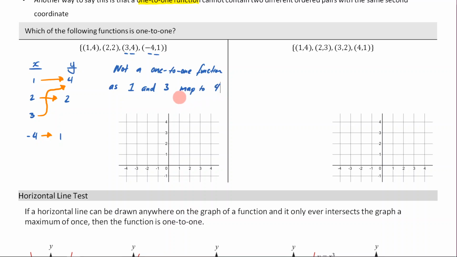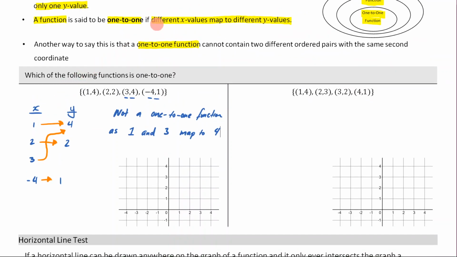So it's the fact that I have two different x values mapping to the same y value. And if we come up and we look at our definition here, by definition, a function is said to be one-to-one if different x values map to different y values. So the fact that we have different x values mapping to the same y value means that it isn't one-to-one.